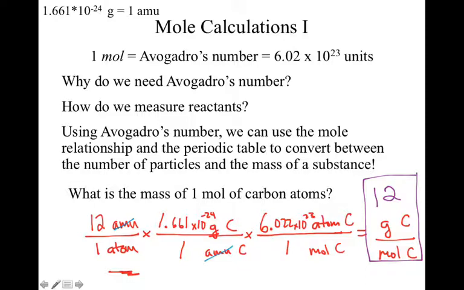Well, it turns out that the molar mass for oxygen is 16 grams per mole. That's pretty cool. So our atomic mass on the periodic table is one and the same as the molar mass. If you're ever asked anything about the molar mass, you can now find it on the periodic table.